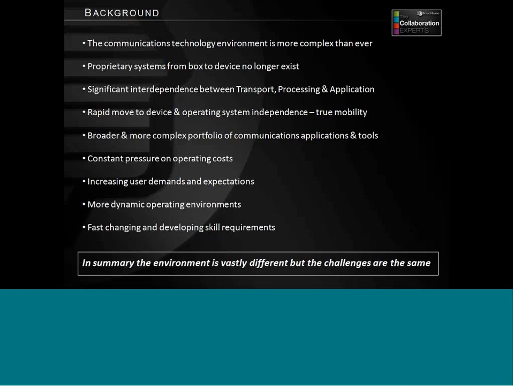It has moved from quite a simple environment to support and manage to one which is extremely complex. And that is just at the base technology layer.